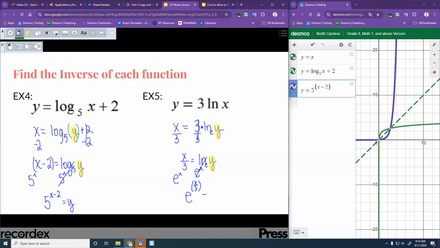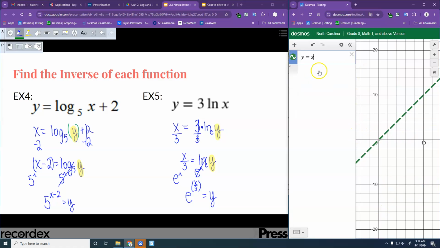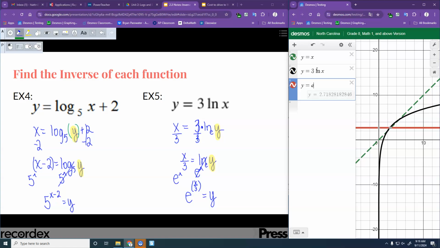You don't have to have them, but you're going to need them whenever you type it in Desmos. And that equals y. So let's check it. y equals 3 natural log of x. y equals e to the x over 3. That looks symmetric. That looks good. Okay, questions?